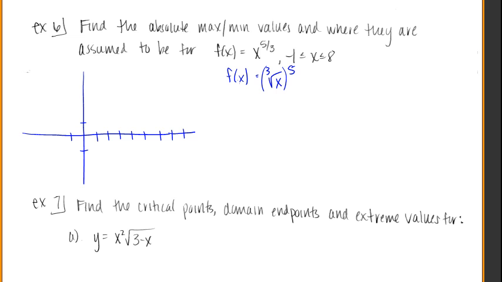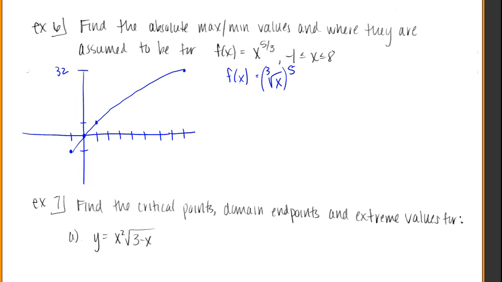If we plug in -1, the cube root of -1 is -1, and -1 to the 5th is -1. If I plug in 0, we get 0. If I plug in +1, we get 1. The next number I can take the cube root of is 8. The cube root of 8 is 2, and 2 to the 5th is 32. So let's put a dot way up here and say that's 32. The graph is going to be rising all the way up to there.